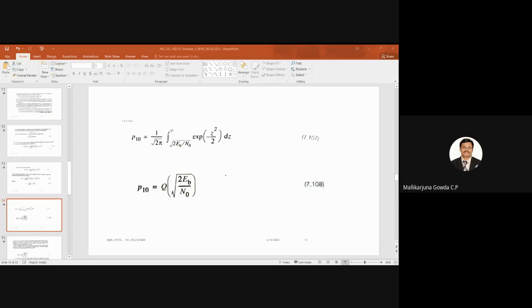As I said, these zeros and ones are occurring with equal probability. Then I can equate P10 is equal to P01.